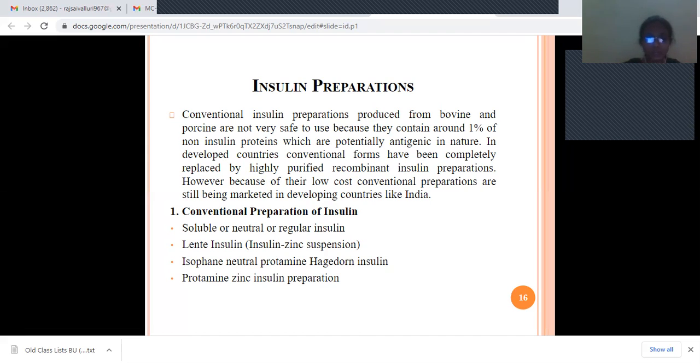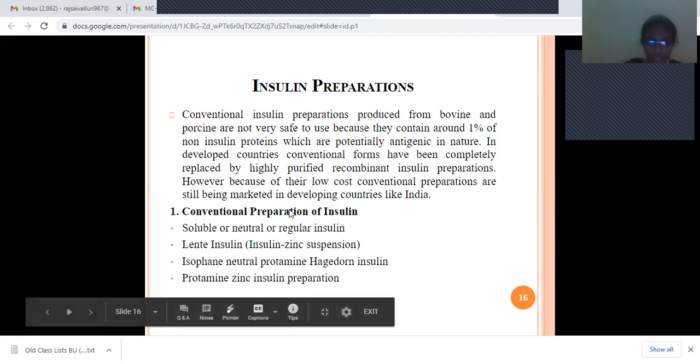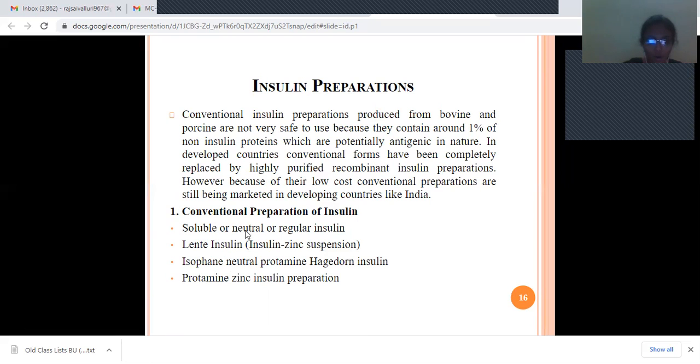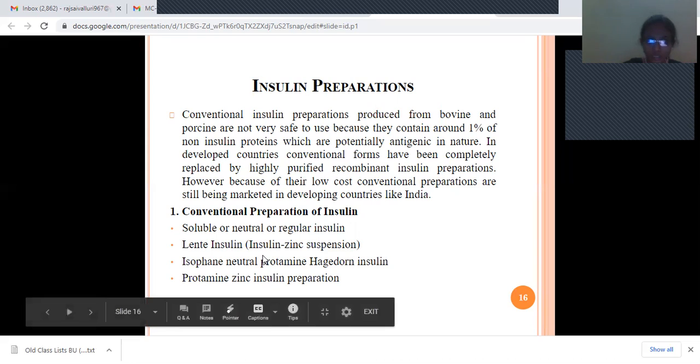So let's see the conventional preparations of insulin. Again, it is subdivided here. See here, soluble or neutral or regular insulin. Next one, insulin zinc suspension. Next one, isophane neutral protamine Hagedorn insulin. Next, protamine zinc insulin suspension.